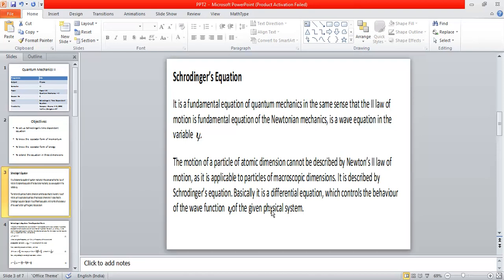So we can conclude that Schrodinger's equation is a very fundamental equation of quantum mechanics, just like Newton's second law of motion is fundamental to Newtonian mechanics or classical physics. So let us try to set up Schrodinger's time-independent equation.